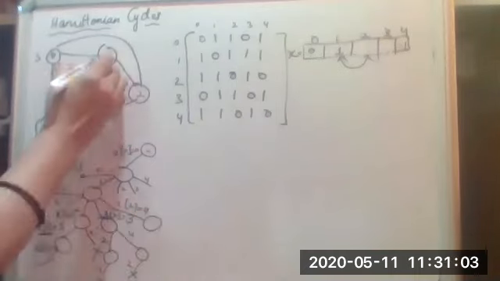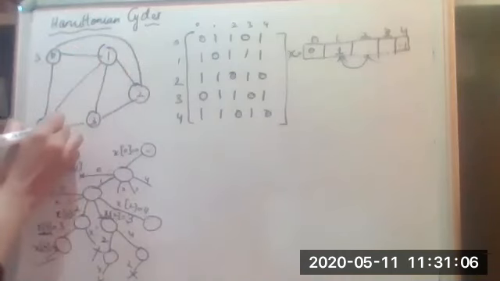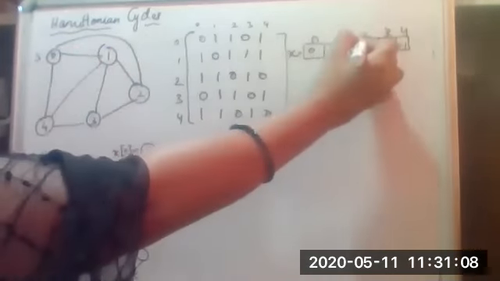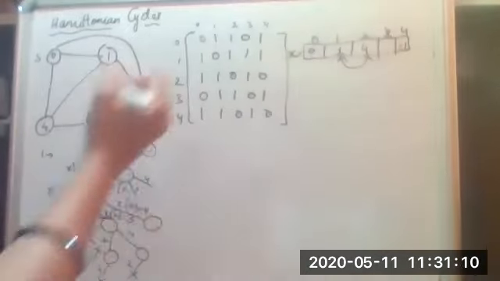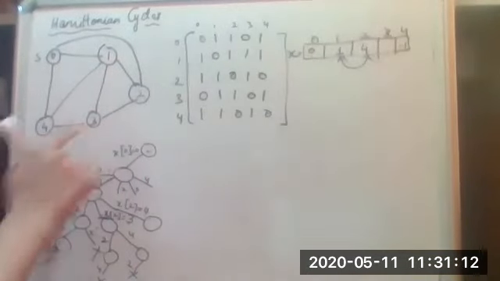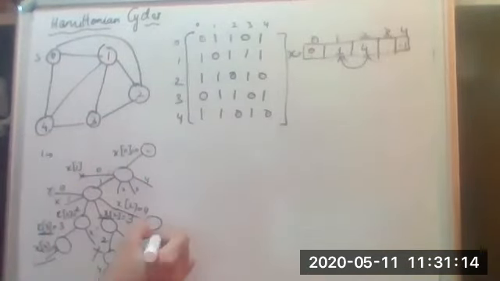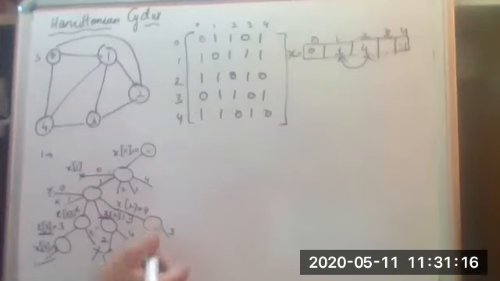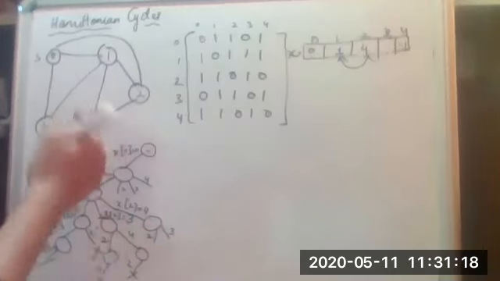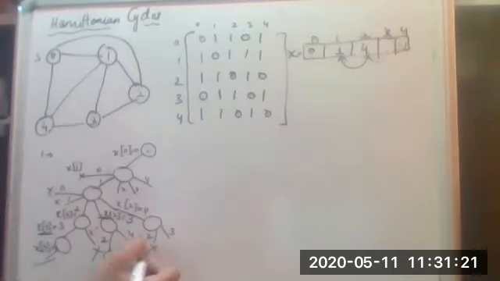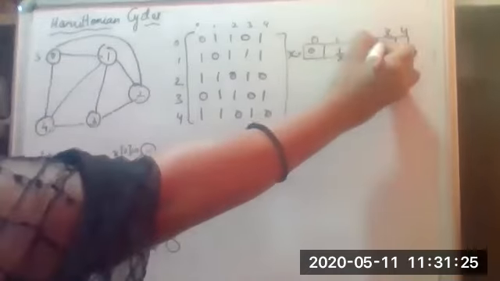If I have from 0 to 1 and then to 4, yes, 1 to 4 there is a path, so I take it. From 4, I can either go to 2 or I can go to 3. If 4 to 2, there is no path, so this is also not taken. 4 to 3, there is a path, so it is taken.